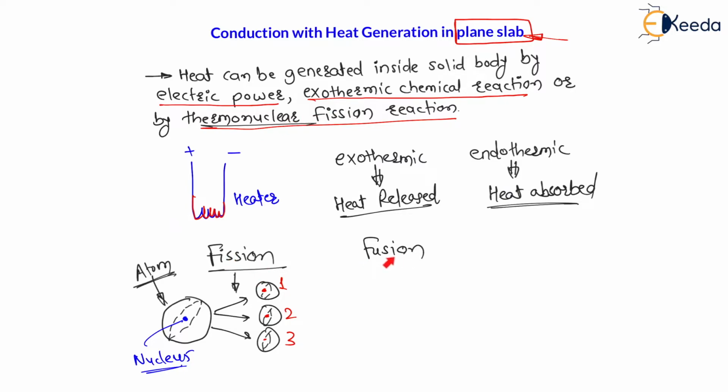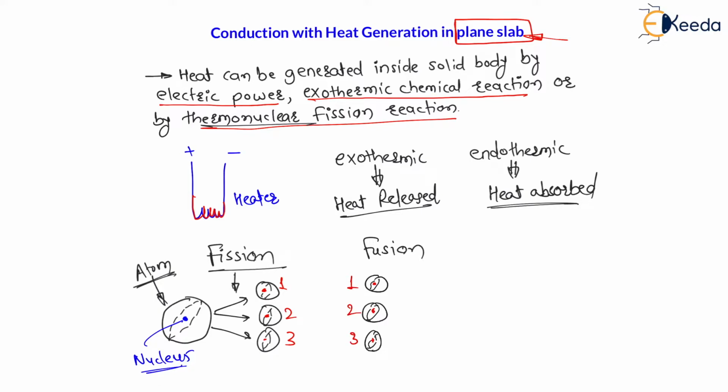Another reaction is called fusion reaction. In fusion reaction, a number of nuclei are combined together to form a larger nucleus. Let us say there is a first atom, a second atom, and a third atom, and so on, n number of atoms. This is the nucleus of this atom, one, two, three.